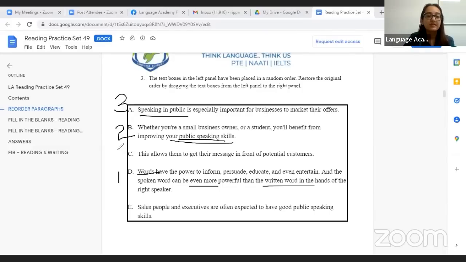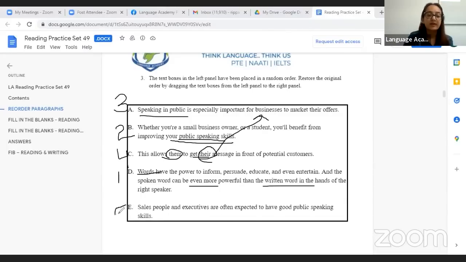And then it was C. This allows them to get their message in front of potential customers, because 'them' here means the businesses, and 'their message' means the message of the businesses, because the message is not of the salespeople or executives. It is not their personal message. The message that we give in marketing is the message of the business, what the business wants to say to its potential customers. So this was for businesses.